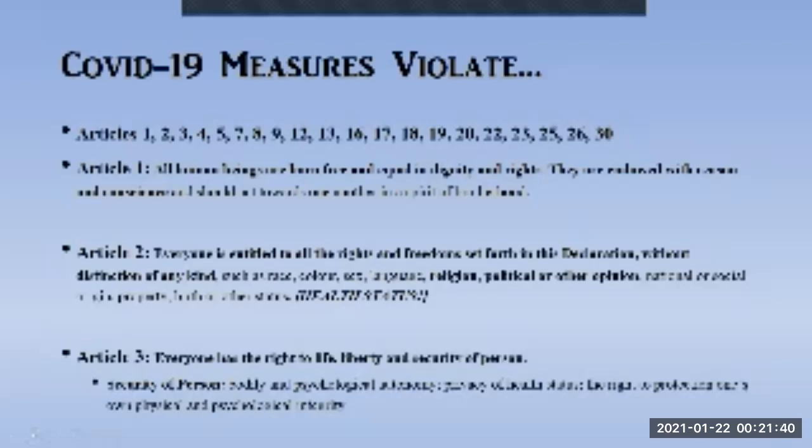So we're having this breach of our bodily autonomy, our psychological autonomy, and we're going to dig more into that when we look at the Convention Against Torture and Cruel, Degrading, and Inhumane Treatment. We're going to look at the psychological impact of the COVID-19 measures. But your life, liberty, and security of person, all of this Article 3 is being violated.